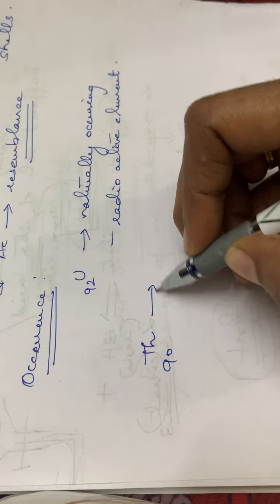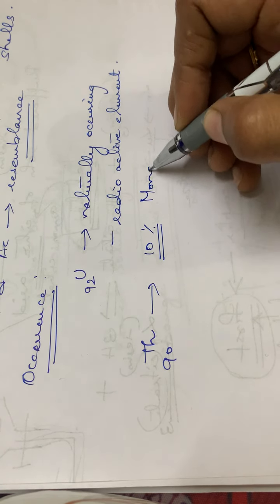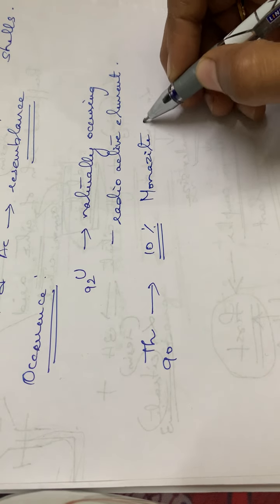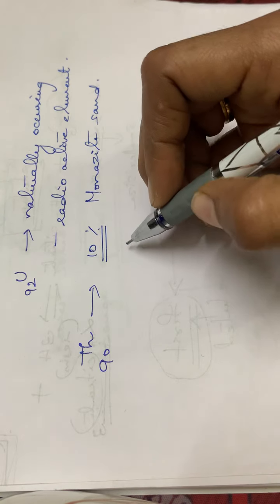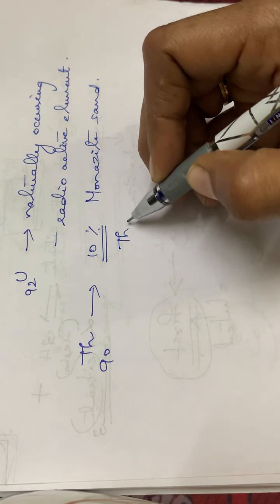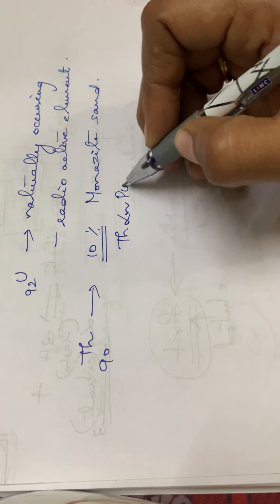Almost 10% of thorium is present in monazite sand, in the form of phosphate along with some of the lanthanides, that is thorium lanthanum phosphate.